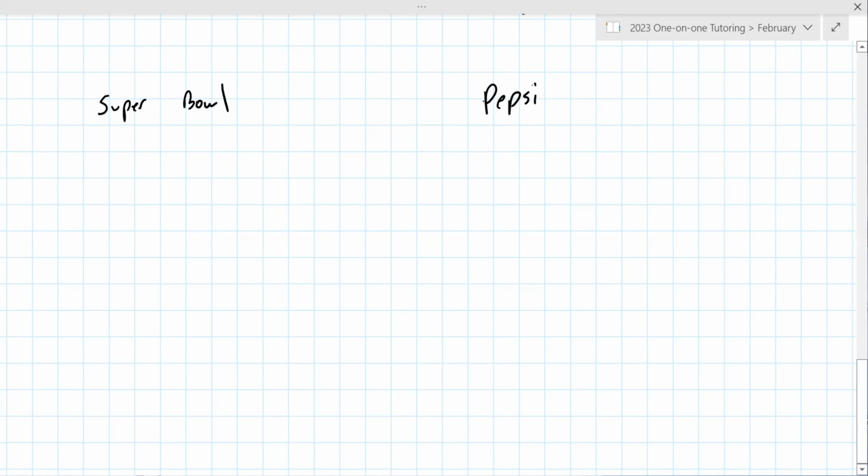So let's say you ask 10 people, and you find out that 6 like Pepsi. Okay. And I want a 95% confidence interval on the proportion of people that like Pepsi.